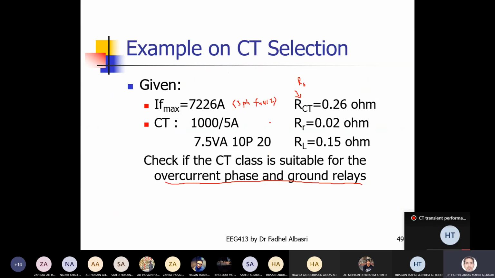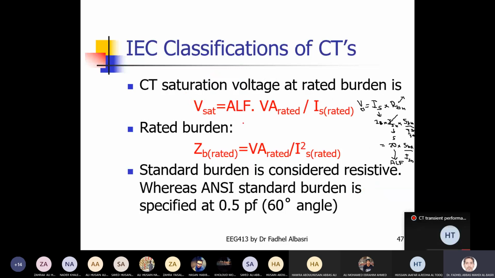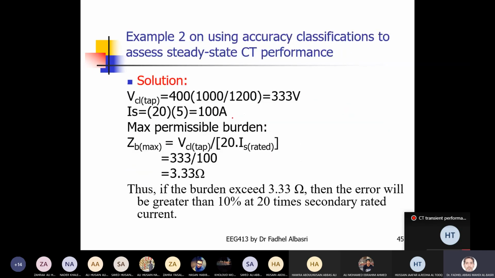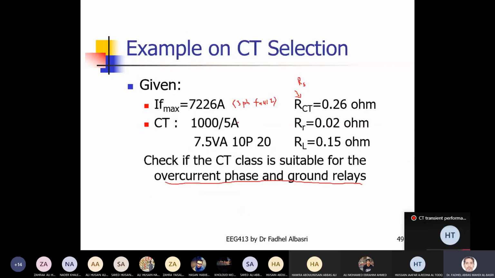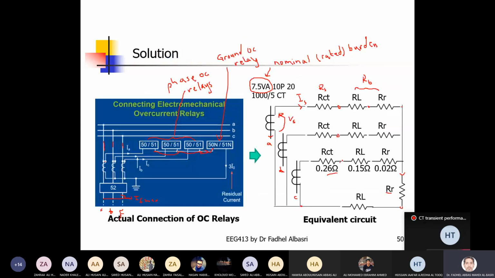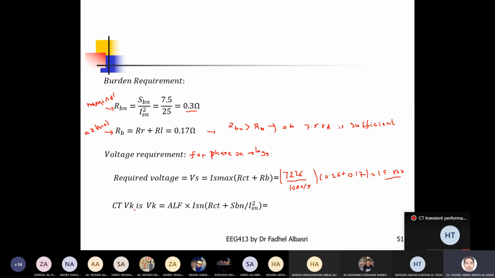We define the voltage class here as the nominal accuracy factor. Now this is the voltage at the burden, but here I want to calculate the voltage at the secondary. So I will compare it with the voltage according to the CT that I should not exceed. So what is my maximum?